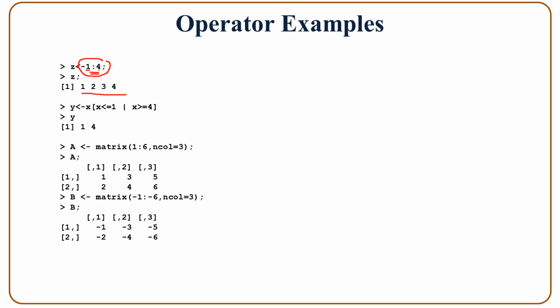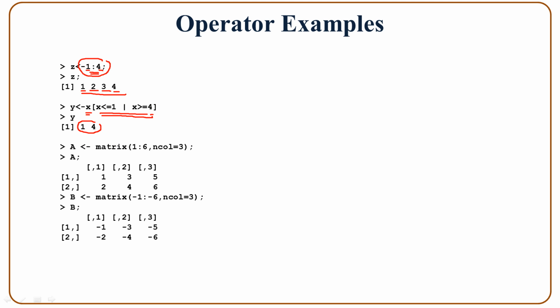So it's going to be 1, 2, 3, and 4. If you form a condition, let's say this is a condition that you form, and then you give it to a vector x, then it would return the elements that meet the condition. So actually they are 1 and 4.